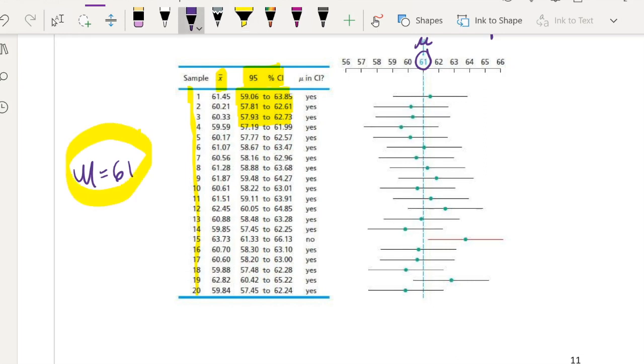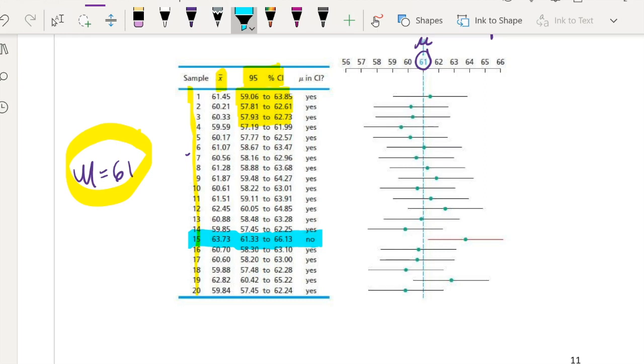What I mean by capturing is that mu is between 57.06 and 63.85. And in this example, we know that mu is 61. We assumed it was that. So yeah, my confidence interval is working right there. Out of these 20, it seems like only one of them does not capture the population mean, and it almost did.